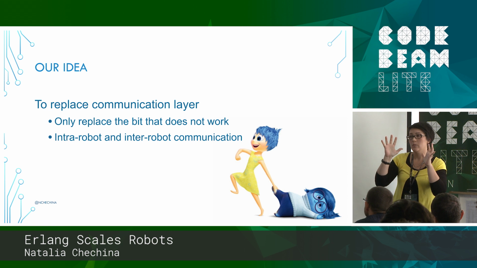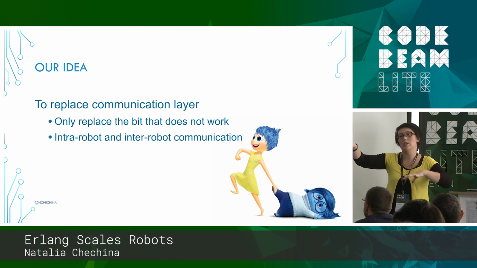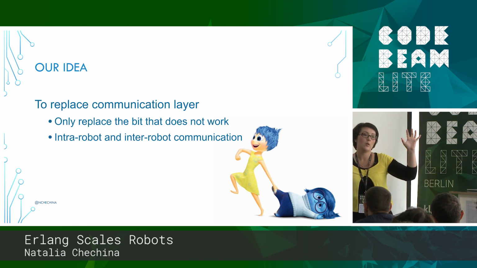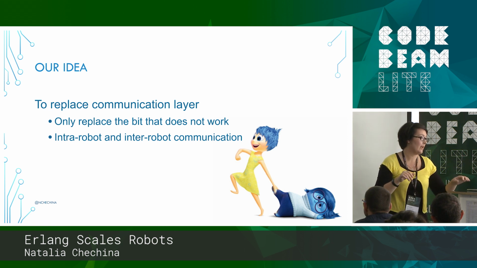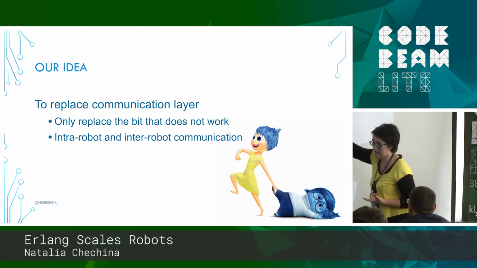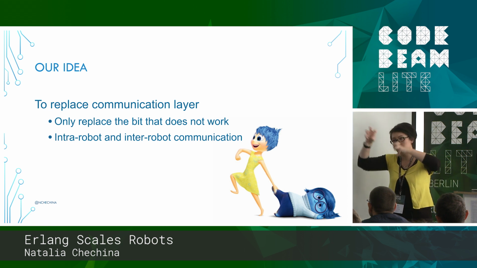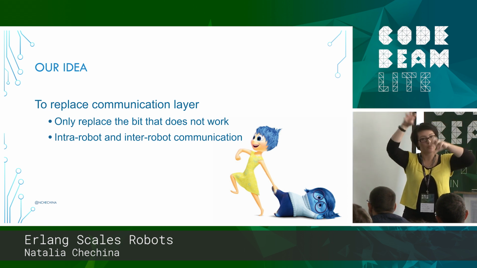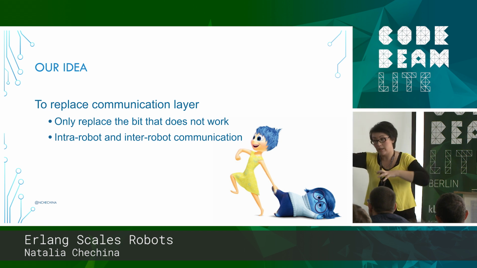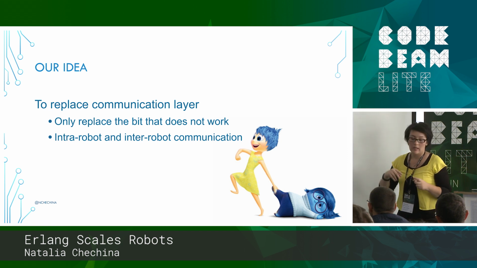That's our goal. We want to keep ROS as it is, so nodes, functionality, libraries, everything. We just want to change the communication layer with Erlang. And here we need to keep in mind that there are two things. The first is within a robot, because we have different ROS nodes communicating with each other, and then we have different robots that also need to communicate with each other.